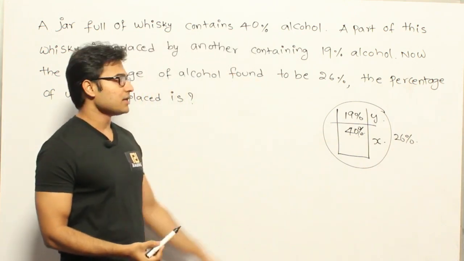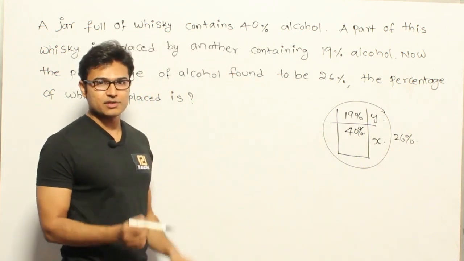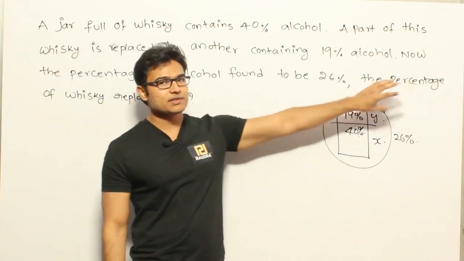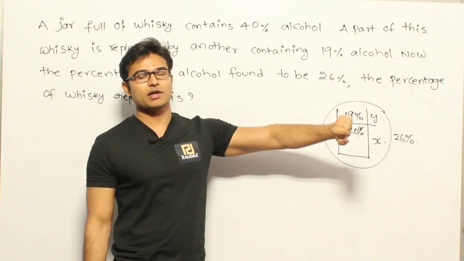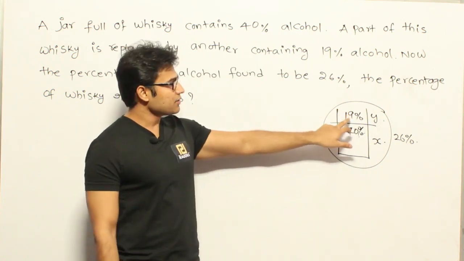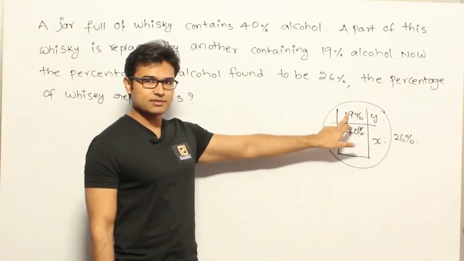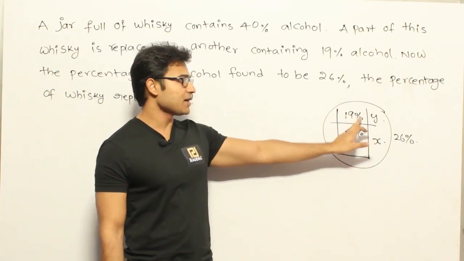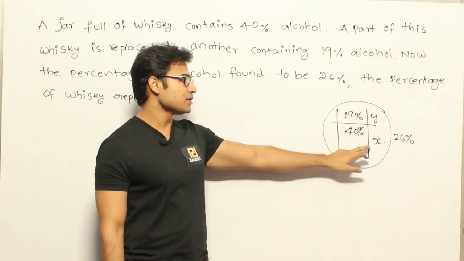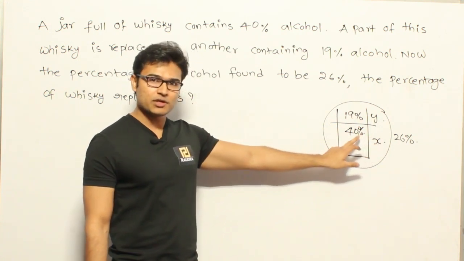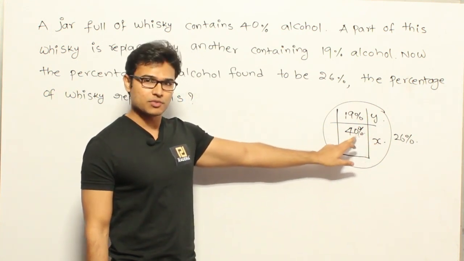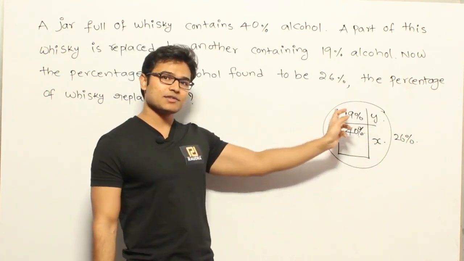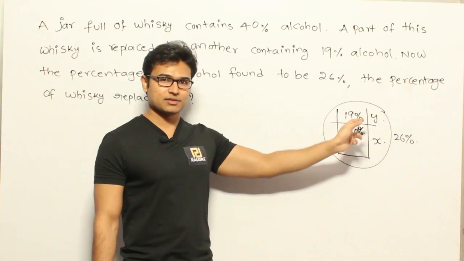Are you getting this? Initially the jar is containing completely 40% alcohol. Now some part of it is taken out. Let us assume that the part staying is X and the part replaced is Y. So X liters of the initial 40% whiskey is going to be there, and Y liters of the initial amount has been taken out and replaced.